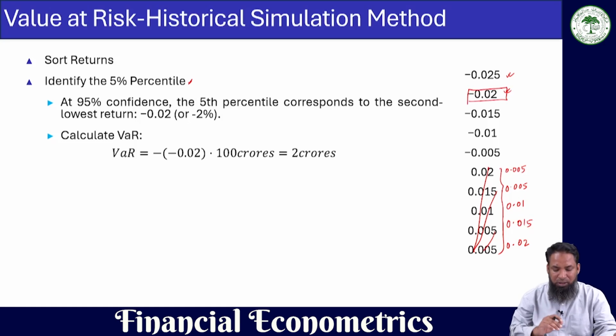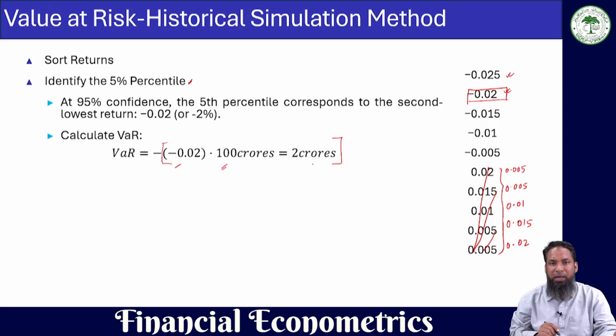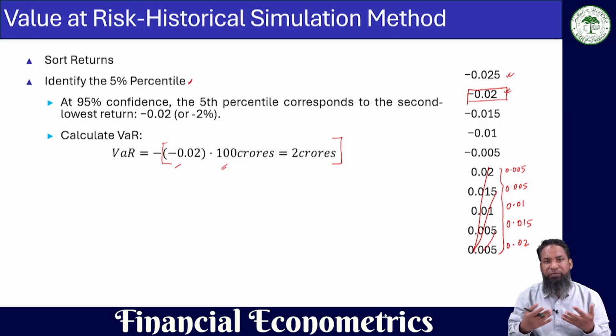Now we use that to calculate the value at risk. We multiply this into the portfolio value, which gives 2 crore. Basically it will turn out to be negative. The negative implicitly means we are talking about the loss, so that will obviously be a negative value.